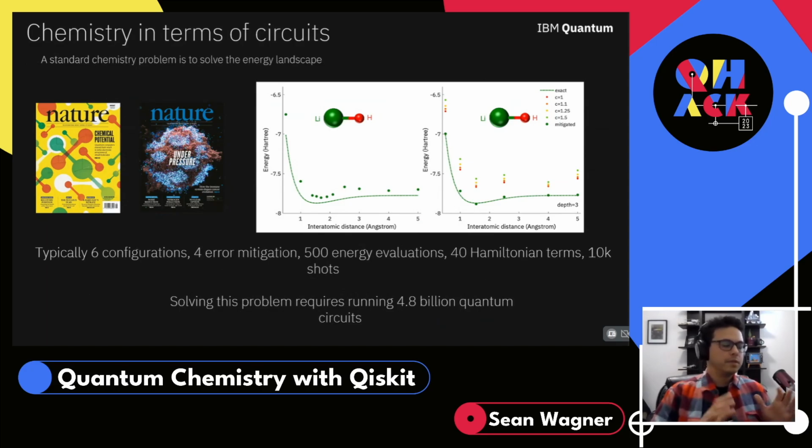And so in the follow-up publication, they were able to implement various error mitigation and suppression protocols to improve the quality of the result. And that's what you're seeing on the right figure there, where you can see the mitigated results are the green dots, and they lie pretty much on the exact curve that we expect for lithium hydride in terms of the ground state energy. So we made some really great progress to show that it's really possible.